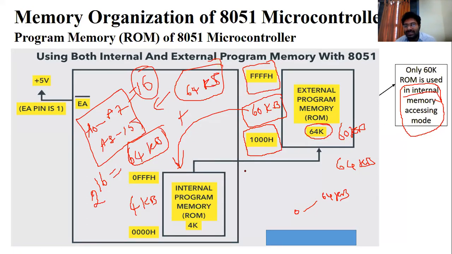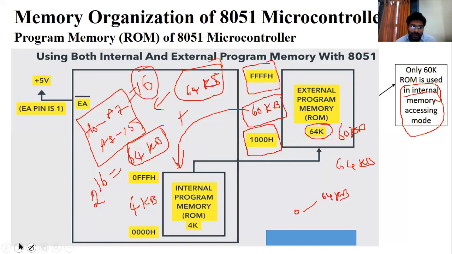Out of the 64, if you are combining internal memory and external memory at a time, that is the internal memory access mode. Out of that 64 KB, 4 KB memory is from the internal memory, then the remaining 60 KB memory can be taken from the external.